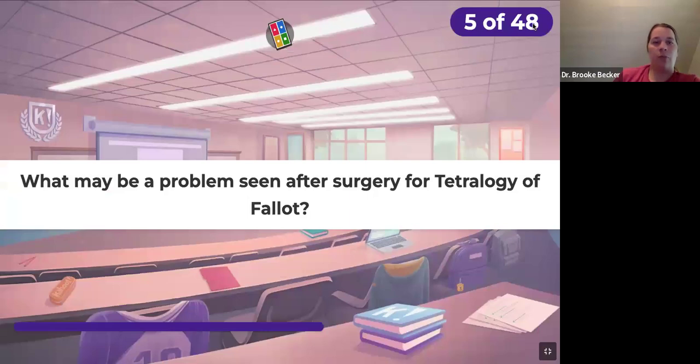Multiple select. What may be a problem seen after surgery for tetralogy of Fallot? Red is low heart rate. Blue is poor appetite. Yellow is fatigue. Green is respiratory distress related to congestive heart failure.